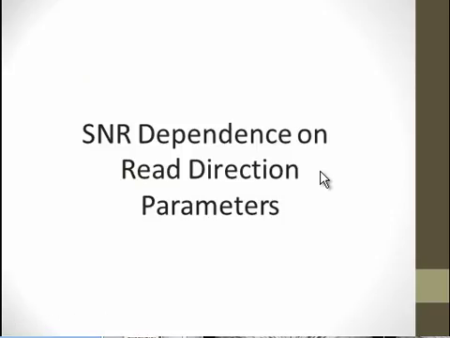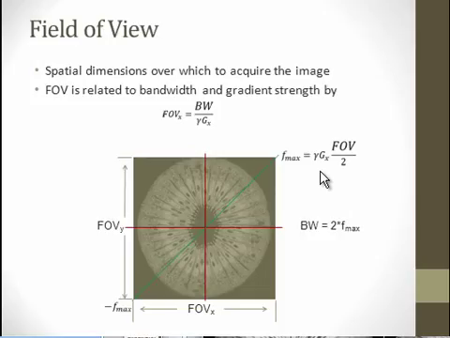Okay, so again, talking about the field of view, it's important because if you keep imaging things that are smaller and smaller, your bandwidth has to increase. In order for your bandwidth to increase, your gradient has to be stronger.